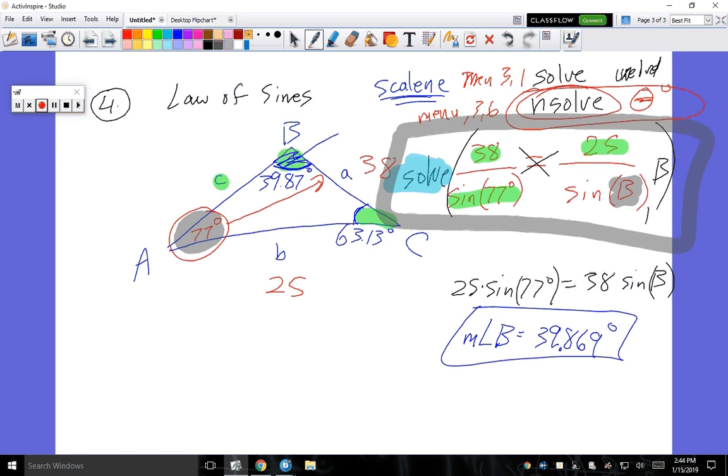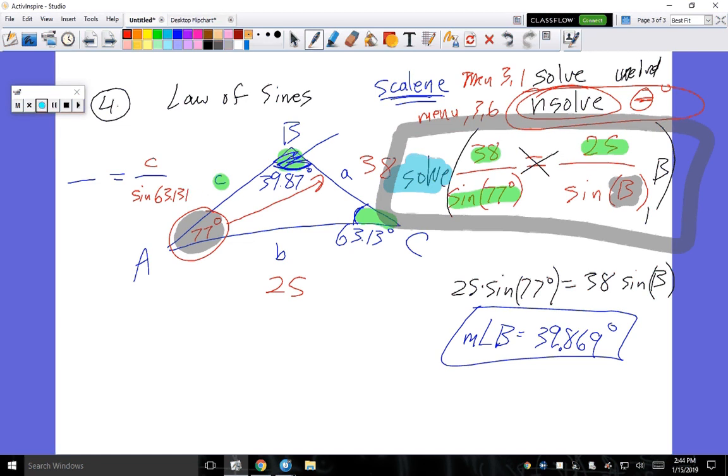So the only piece that I have to solve for now is side C. Go with me? Alright, so let's set this one up. We're going to use law of sines again. I want little c, and I know it'll happen if I take the sine of 63.13, and I'm going to write this to 6 decimal places as a good habit.